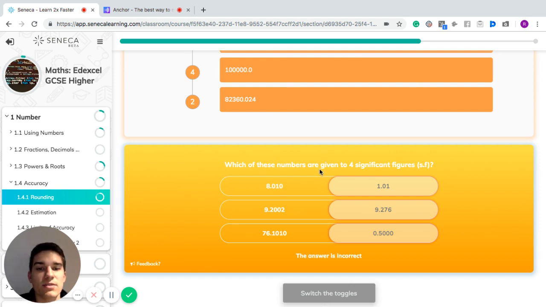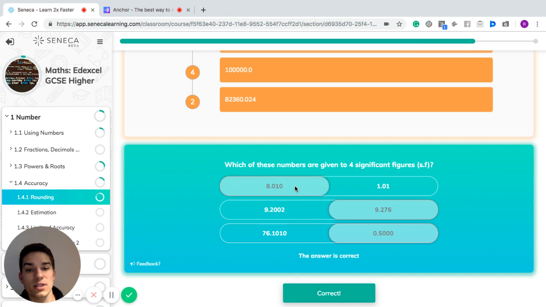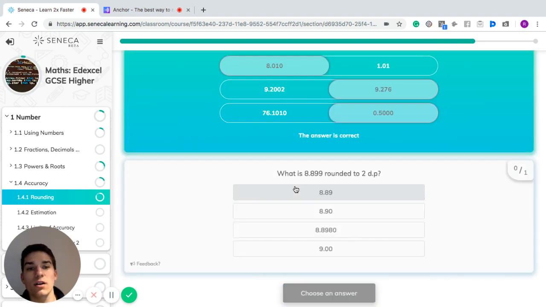Now, which of these numbers are given to four significant figures? We're looking for any number that has four digits starting from its first digit that isn't 0. 8.010 would be an example of a number given to four significant figures, as would 9.276, as would 0.5000.